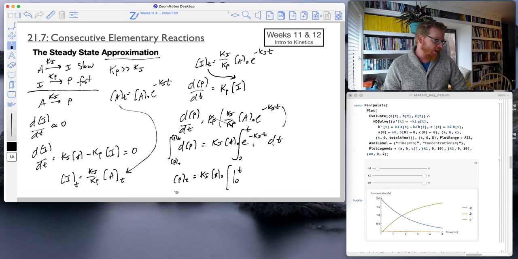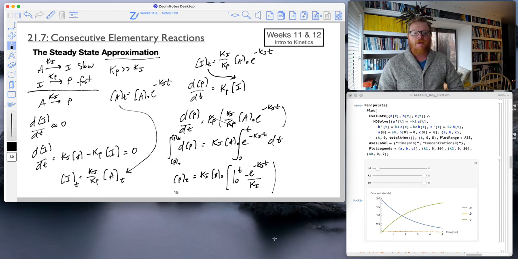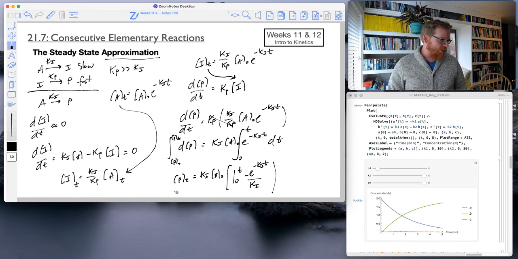And the result of that integral is going to be negative e to the negative Ki t divided by Ki. Okay. So now we know that when we substitute in t, it's just going to be e to the negative Ki t. And when I substitute in 0, that's going to become 1. So I'm going to do a couple of algebraic steps here and write our final expression.